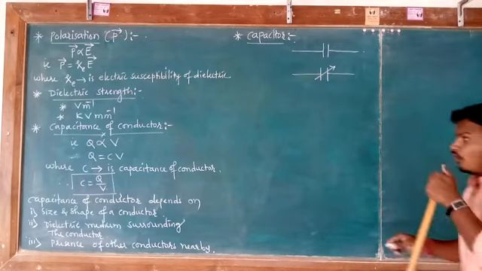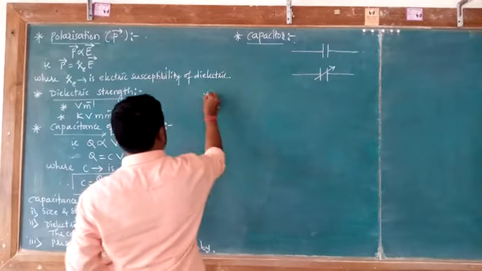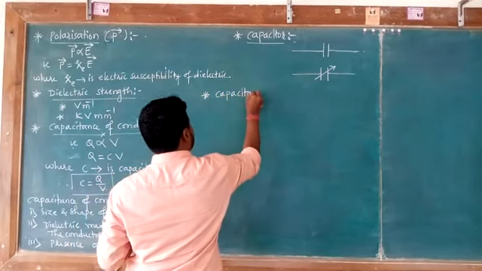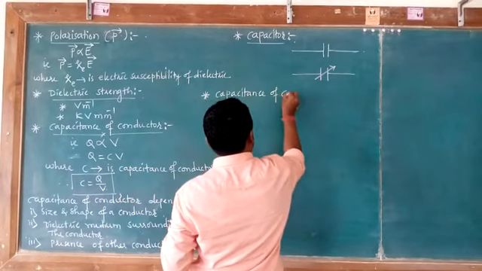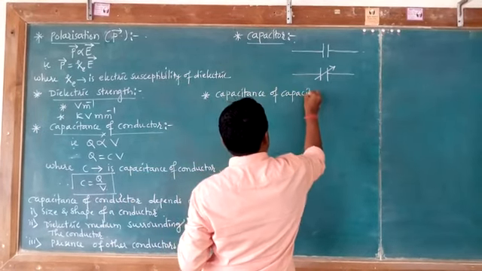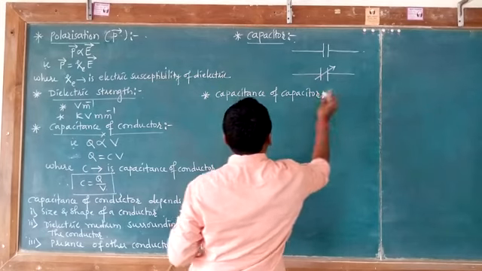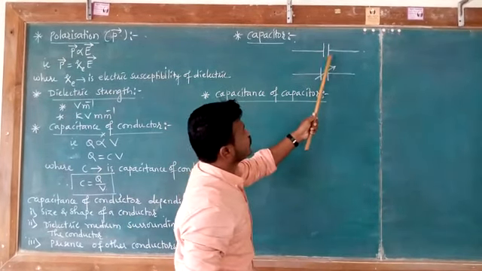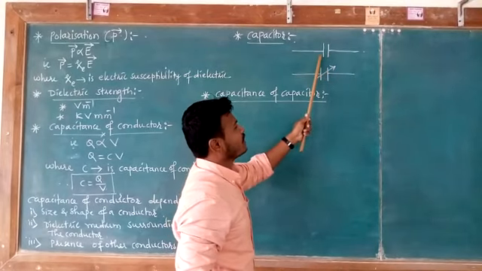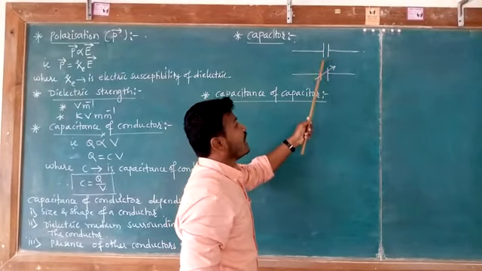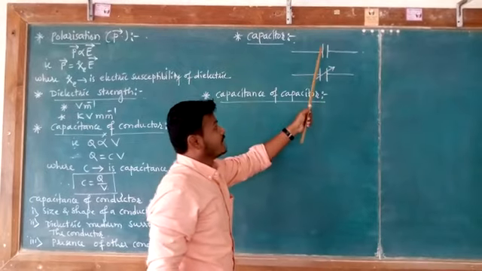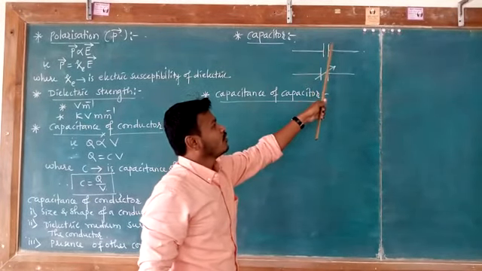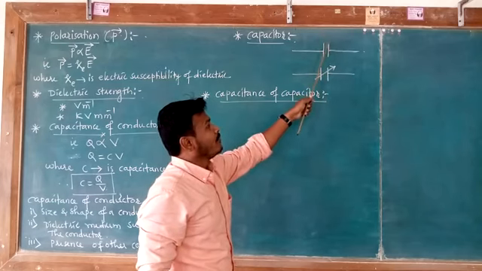The same way, one more term from your syllabus point of view is the capacitance of a capacitor. Generally, a capacitor means a system of two conductors. See, this is one conductor, this is another conductor. A system of two conductors means both conductors are charged by a battery, and the amounts of charge on the first and second conductors are equal and opposite.